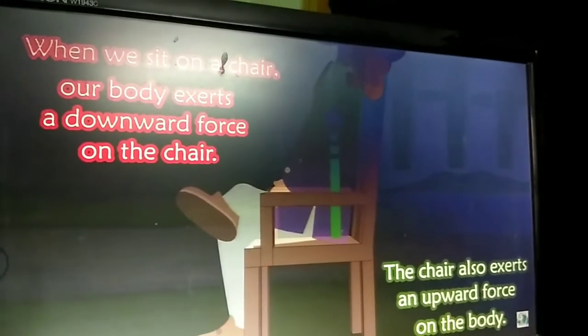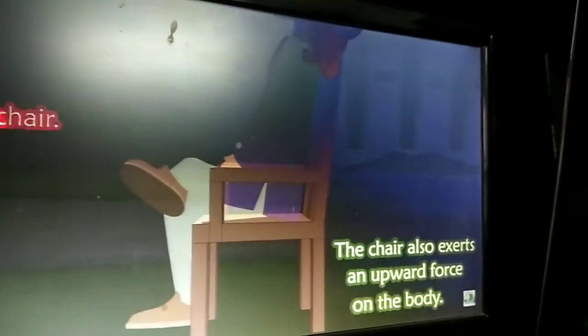Our body exerts a downward force on the chair and the chair also exerts an upward force.